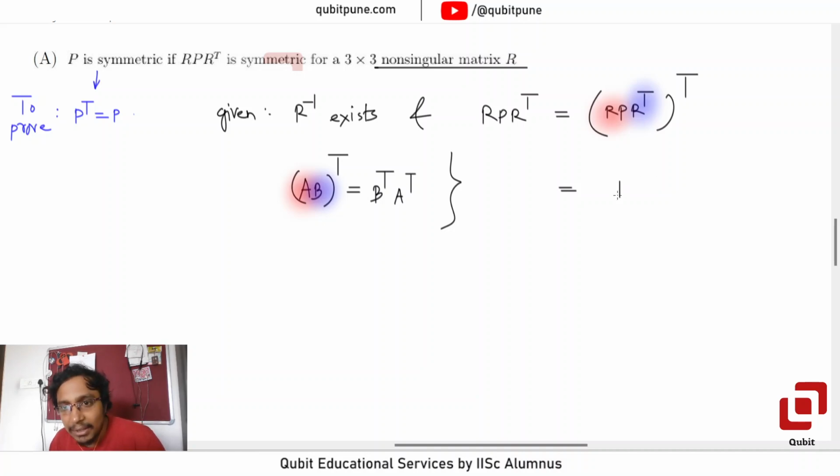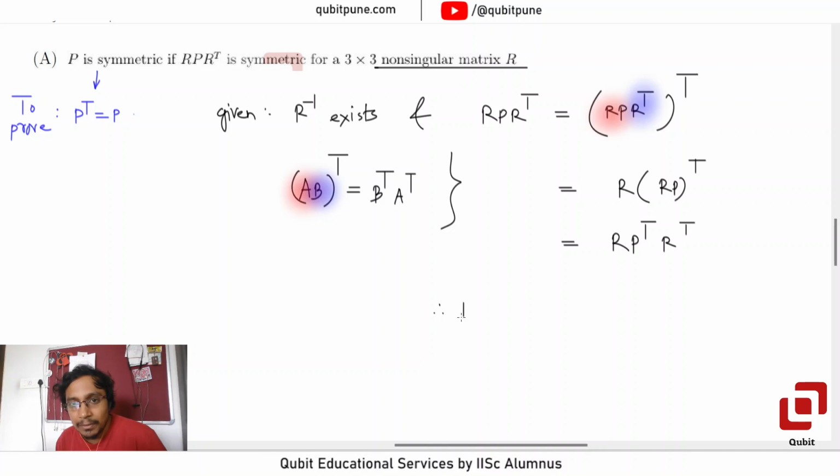It would be R into (RP) transposed. Raise your hands if you understood how we applied that. Perfect. Apply this property once again. Tell me what we will write instead of that bracket. P transposed R transposed. Correct.